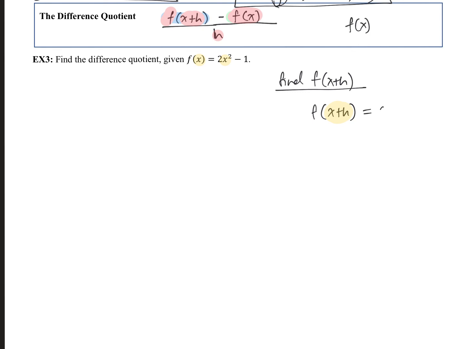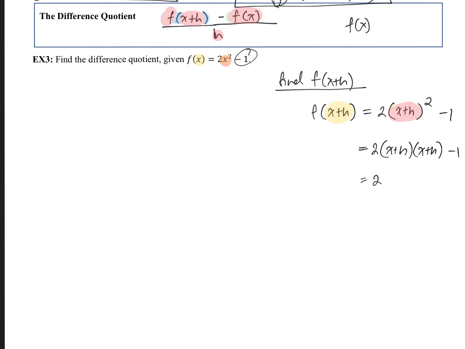So that's going to equal 2 times, and we're replacing x with what? X plus h. Kind of a weird input, but that's what we're replacing x with. So x is gone, replacing it with x plus h. And then we're subtracting that 1. So let's simplify this out. That's going to be 2 times x plus h times x plus h. Once again, that square just means the binomial times itself.